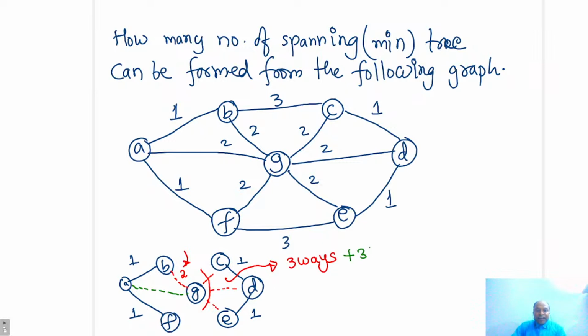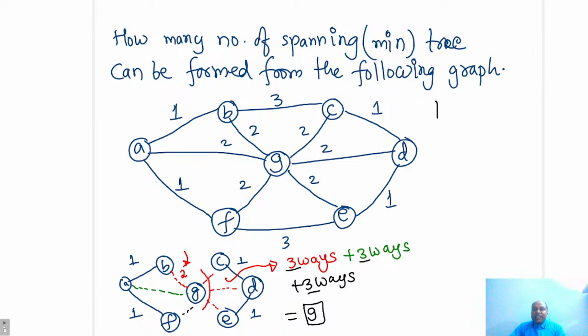If I connect with this particular part, again I have 3 ways. So 3 plus 3 plus 3, total 9 minimum spanning trees can be formed with respect to this particular graph.